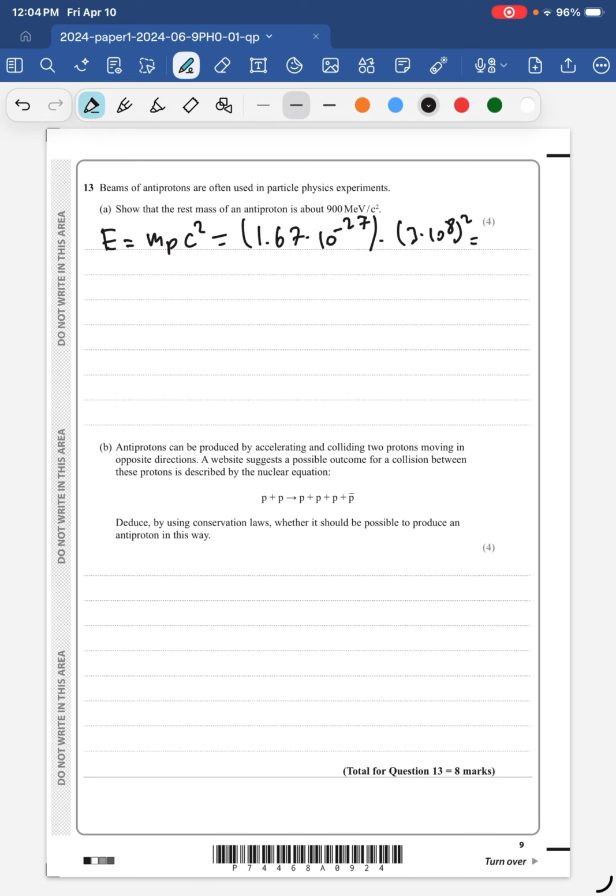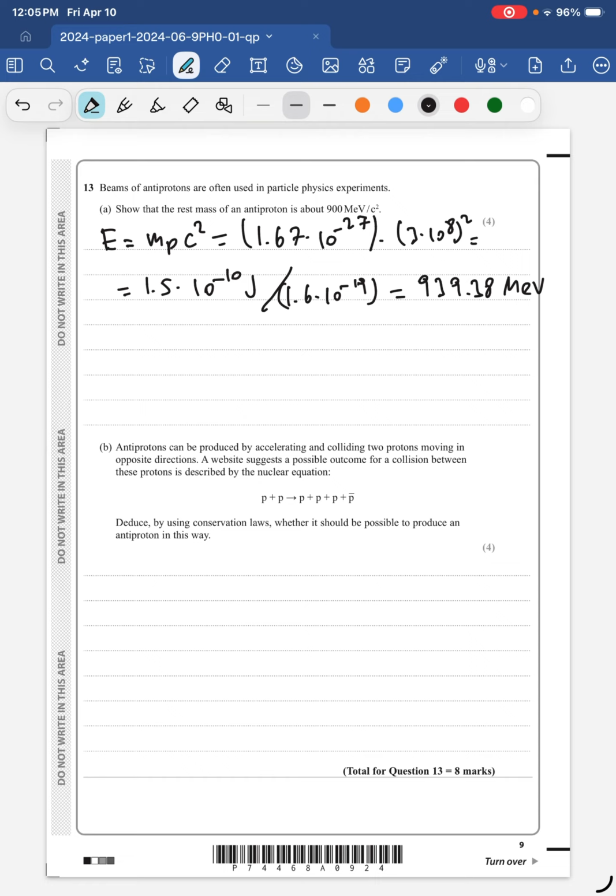This yields 1.5 times 10 to the negative 10 joules. And if we divide by 1.6 times 10 to the negative 19 joules per electron volt, we will find 939.38 MeV is the rest energy of the proton.